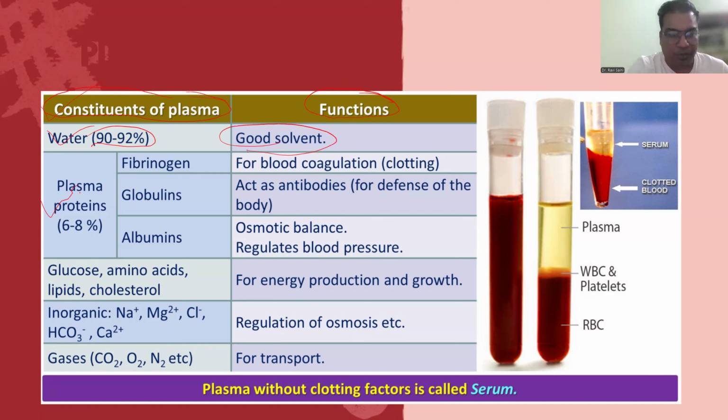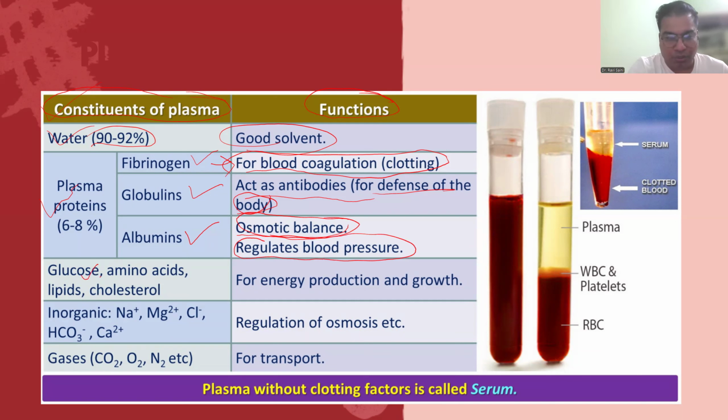In case of plasma proteins, there are three main proteins: fibrinogen, globulins, and albumin. Fibrinogen is basically responsible for blood coagulation. The globulin protein acts as antibodies for defense of the body. The albumin helps in osmotic balance, and it regulates blood pressure.